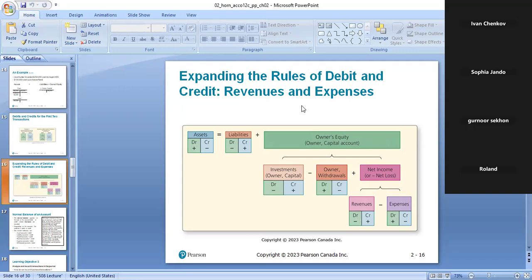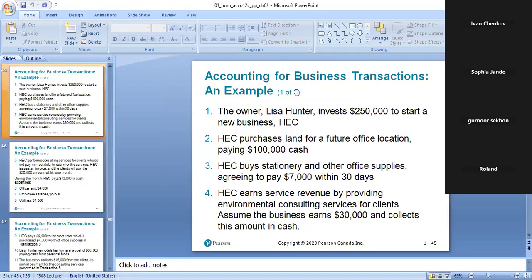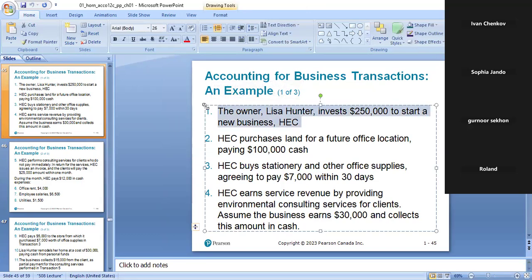So once we know all those things, let's go back to chapter 1 and do those transactions together. I'm going to copy the entire sheet here and move to an Excel spreadsheet, and we can do these transactions in the form of debit and credit the way we did last time.